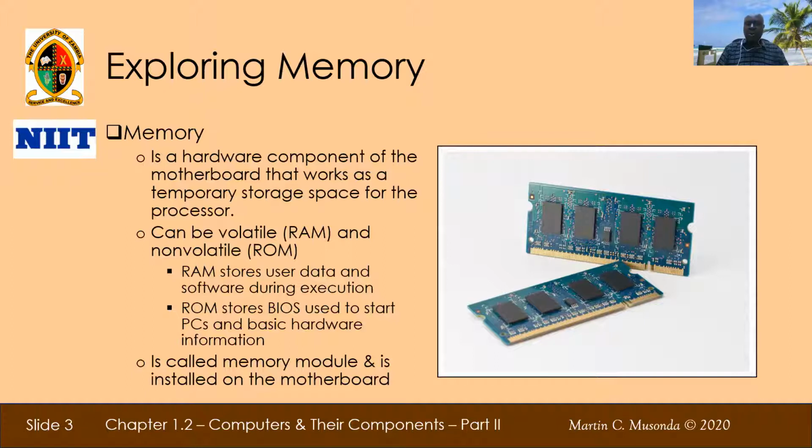It does not retain its data when you switch off the computer. So it is volatile. The contents of random access memory will only be stored as long as power is supplied.